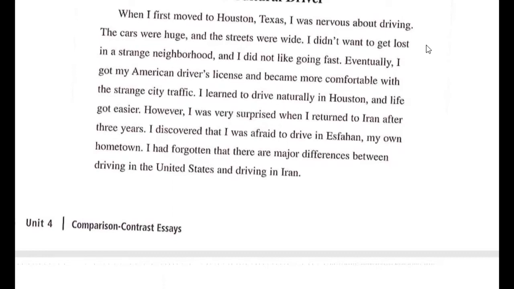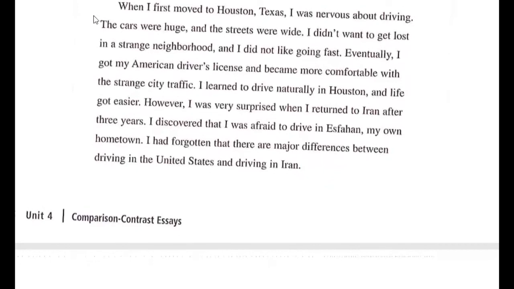I learned to drive naturally in Houston and life got easier. However, I was very surprised when I returned to Iran after 3 years. I discovered that I was afraid to drive in Esfahan, my own hometown. I had forgotten that there are major differences between driving in the United States and driving in Iran.